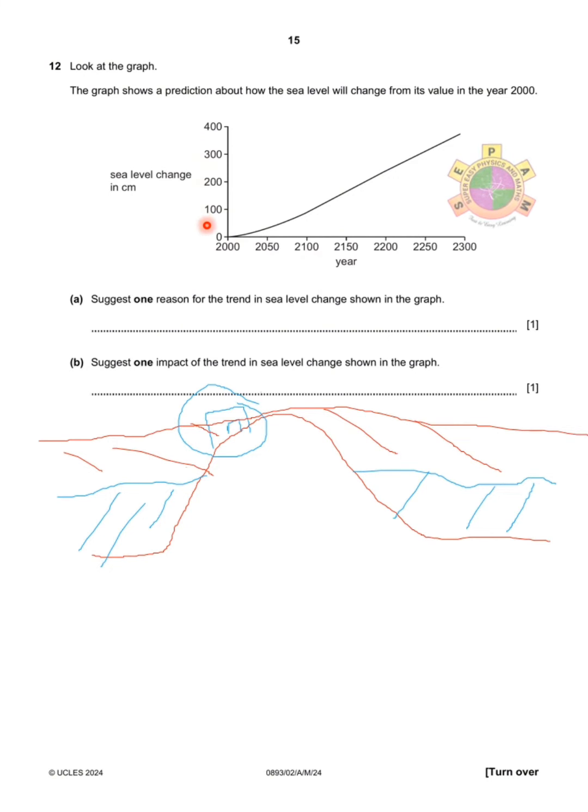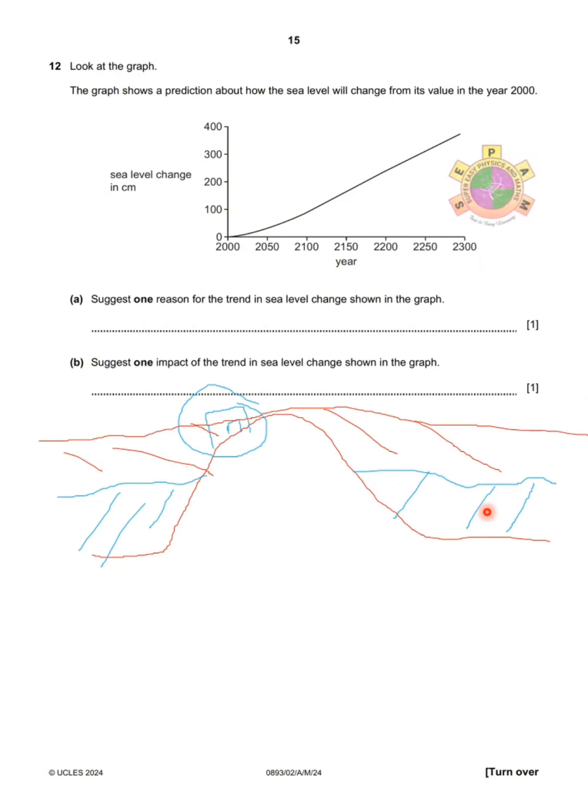You can see that the sea level is rising. From 2000, it rose to 400 cm. So as the year increases, you can see that the sea level is rising. So just one reason for the trend in the sea level graph that is shown here.